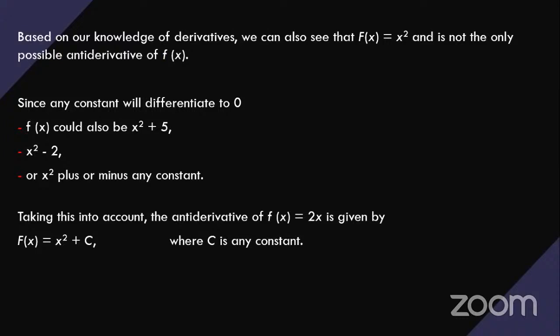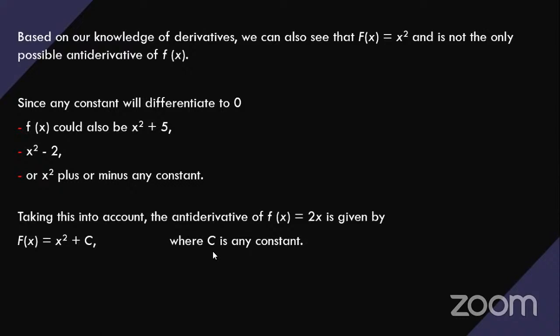Since any constant differentiates to 0, we can also say that F of x could be x squared plus 5, or x squared minus 2, or x squared plus or minus any constant.